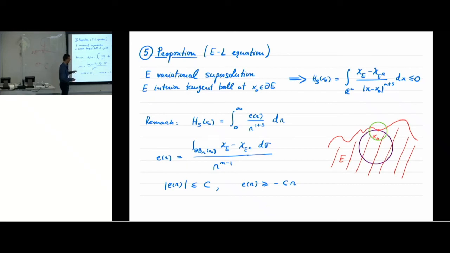So the worst it would be is like if the set E is simply the ball. If the set E is simply the ball, I still get an inequality. If I want to get a lower bound for this, I have to replace E with a ball.